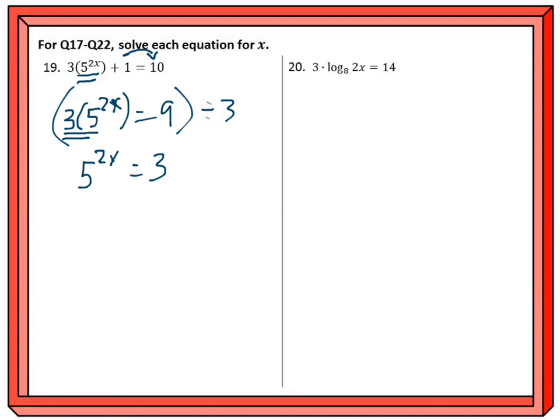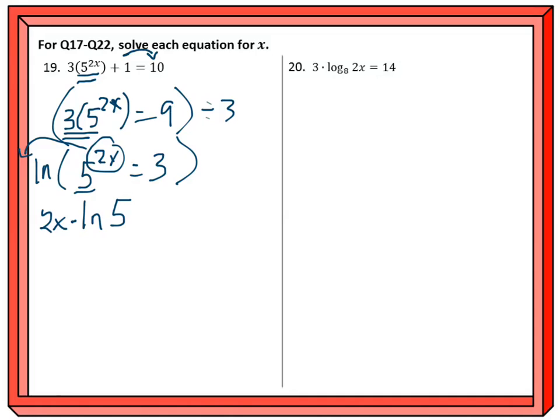And now I can either write that in exponential form or logarithmic form by using base 5, or just simply take my favorite log of both sides. On the left hand side, the 2x gets to come out, so 2x times the natural log of 5.